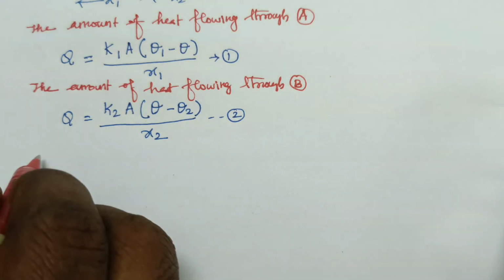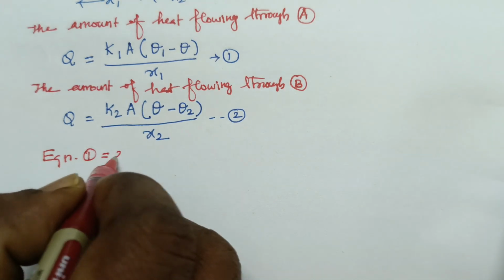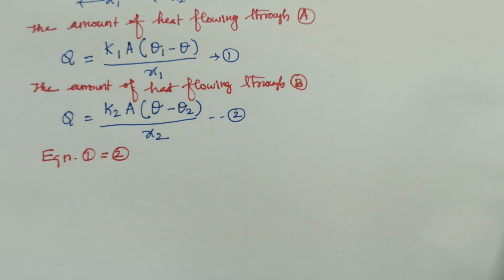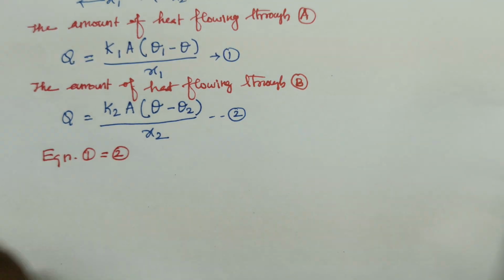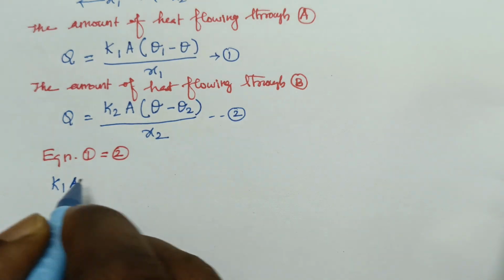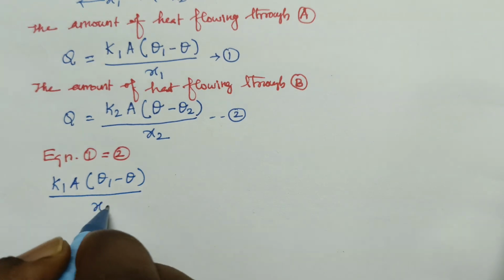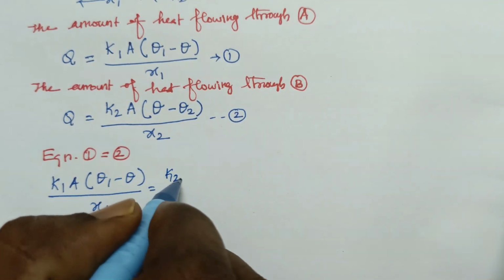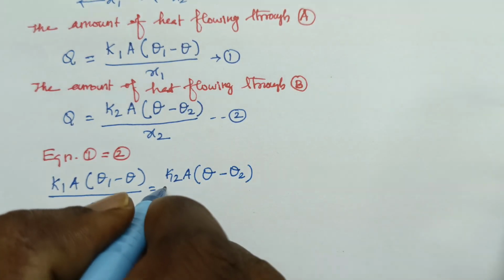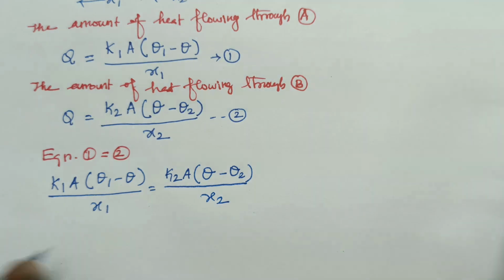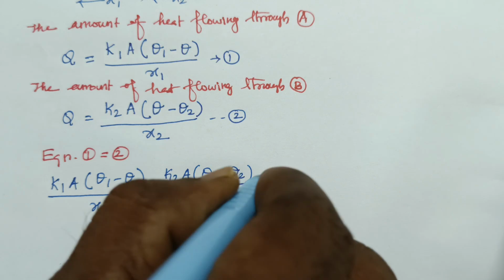Hence, equating equation 1 and 2, you can write K1 A into theta 1 minus theta divided by x1 is equal to K2 A into theta minus theta 2 divided by x2. This is equation number 3.